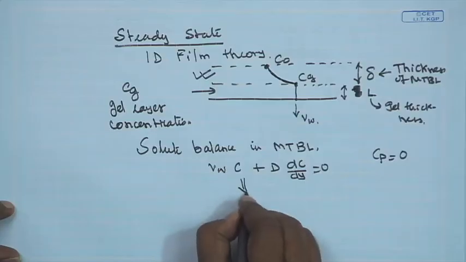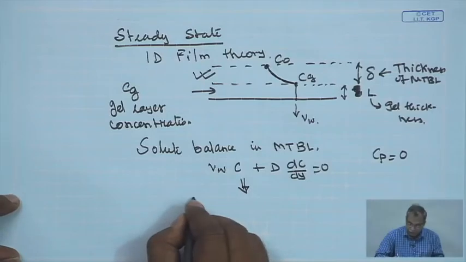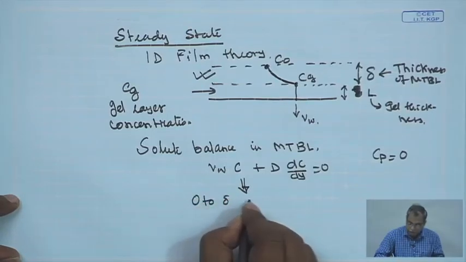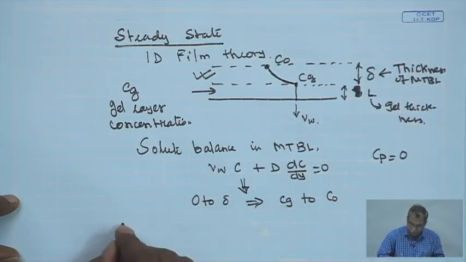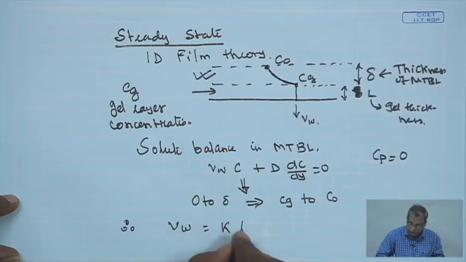If you carry out this integral from 0 to delta, with the concentration varying from Cg to C naught, then you get Vw equal to K ln(Cg/C naught).